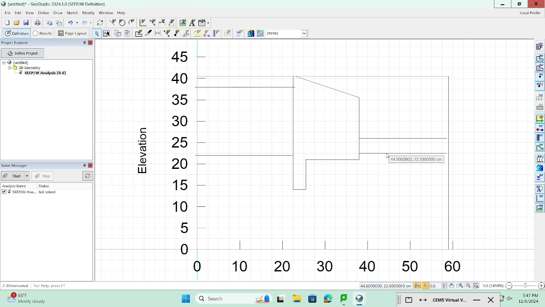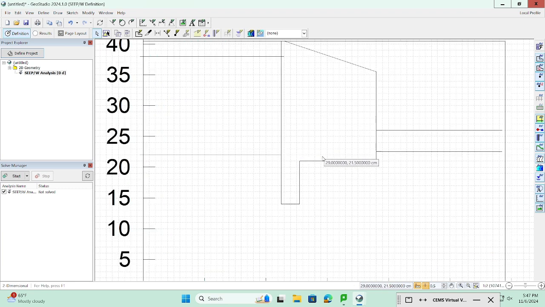Yes. Oh, the two lines are not exactly at the same level. So this is at 22. What about this one? Oh, okay. Yeah. So this line should be redrawn.